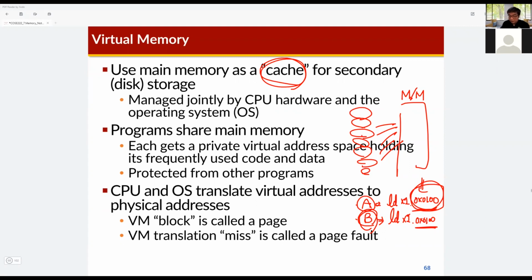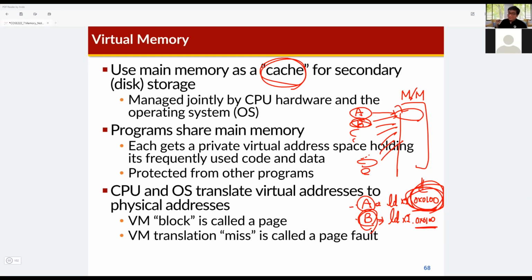So applications A and B are running concurrently, and with this same load instruction they try to access the same address.